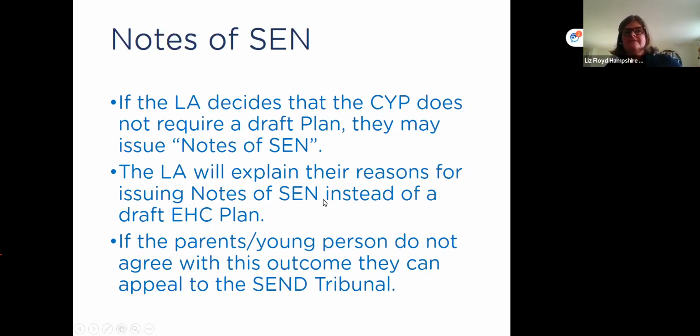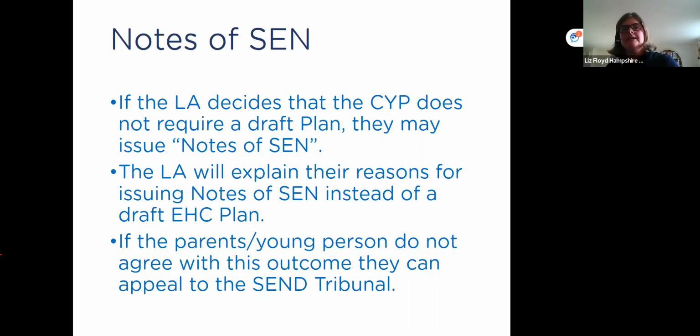Okay, so notes of SEN. This is when the local authority decides they're not going to issue a plan, but instead they're going to issue this notes of SEN, or sometimes it's called a non-statutory plan, or an SEN support plan. They put it in sections, explain what provision is needed, and interpret some of those reports, but it's not an actual plan and not a legally binding document like an EHC plan.